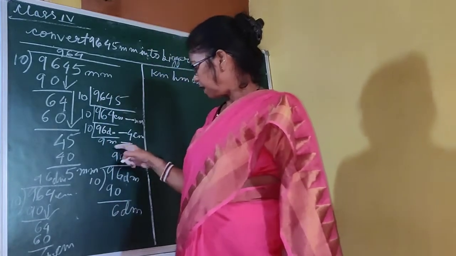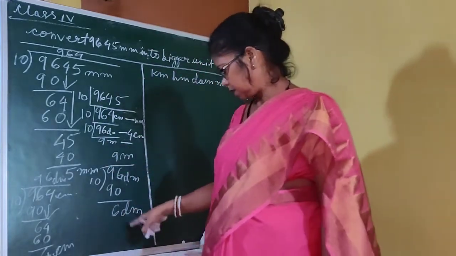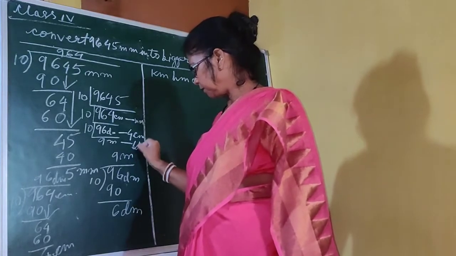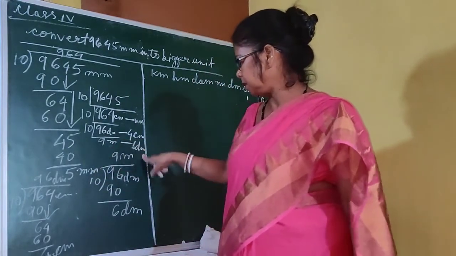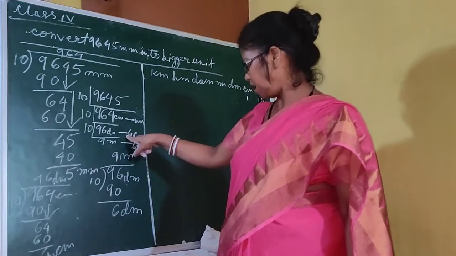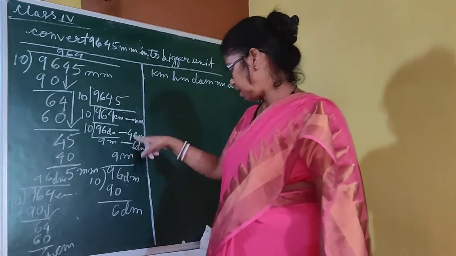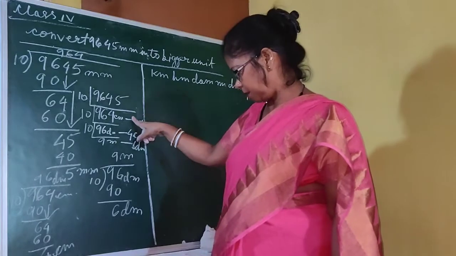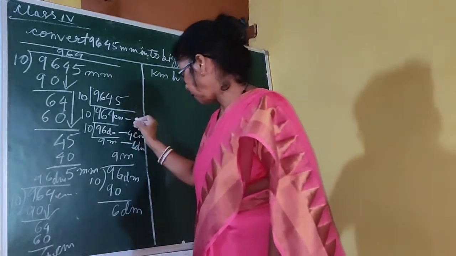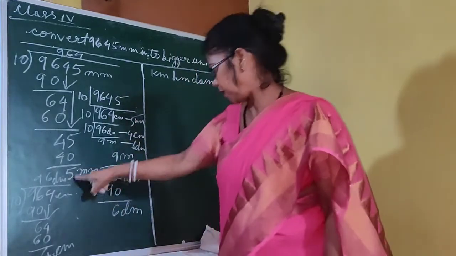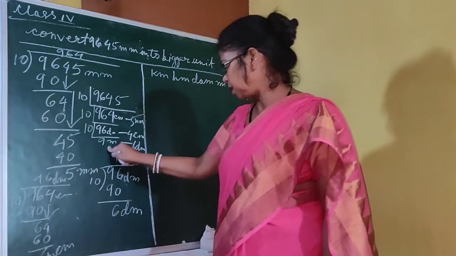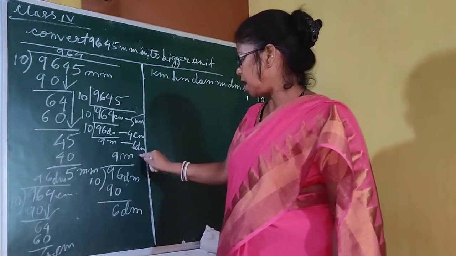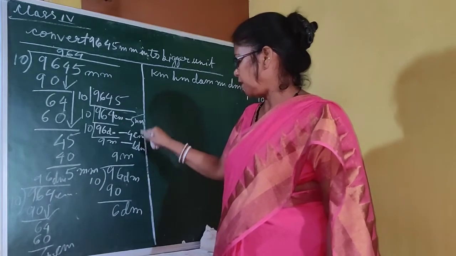Here the remainder is 6 DM. So you have to write the answer from here: 9 meter, 6 decimeter, 4 centimeter. Here the remainder in millimeter is 5 millimeter. So the answer is 9 meter, 6 decimeter, 4 centimeter, 5 millimeter.